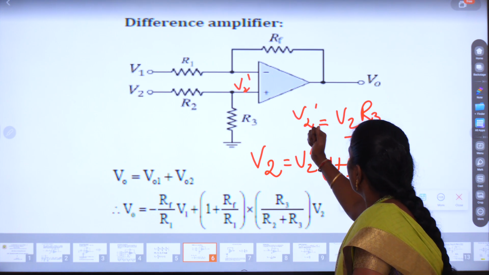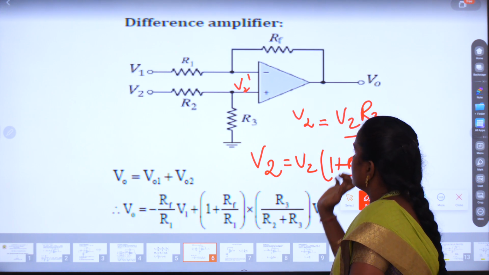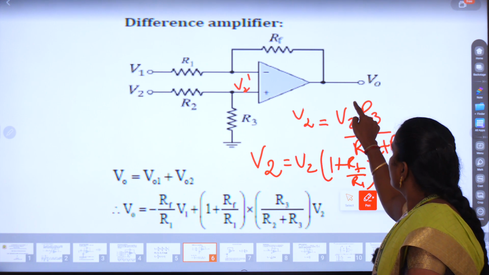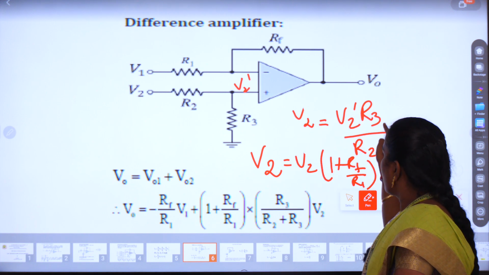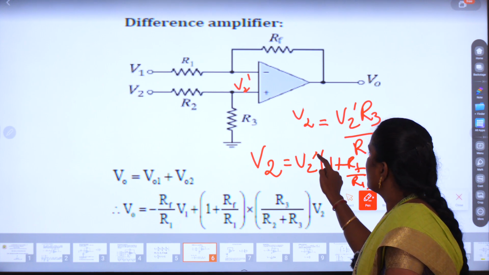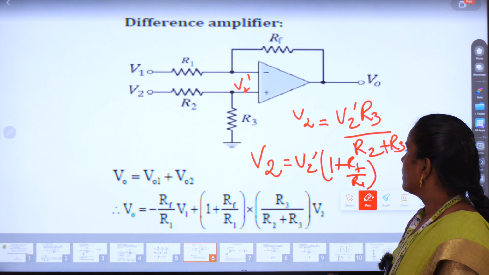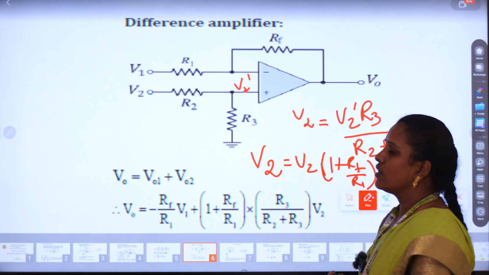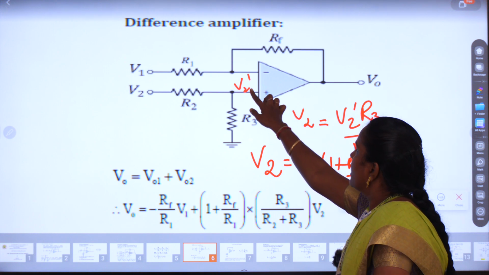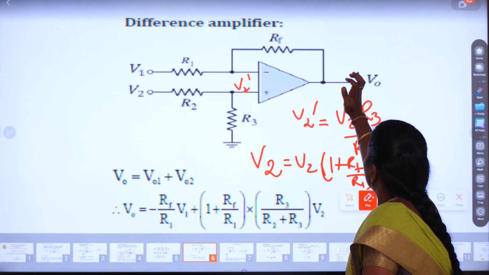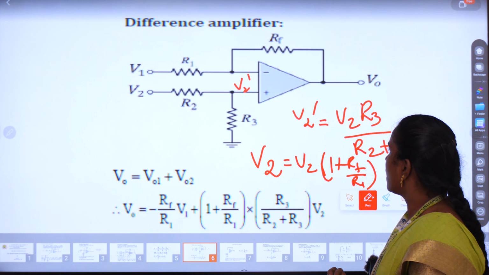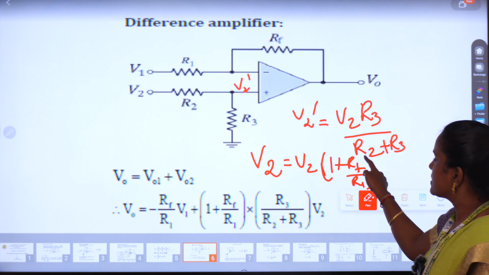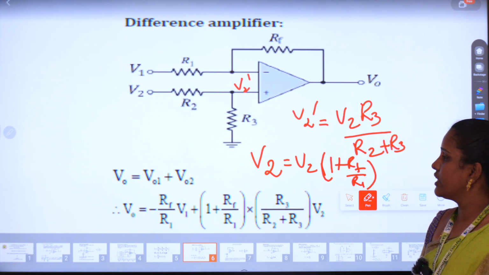Suppose if you have any doubts, you can write it like this. V2 dash is equal to V2 into R3 divided by R2 plus R3, the total voltage times the divider ratio. Then the voltage gain is 1 plus Rf by R1 in case of the non-inverting amplifier.